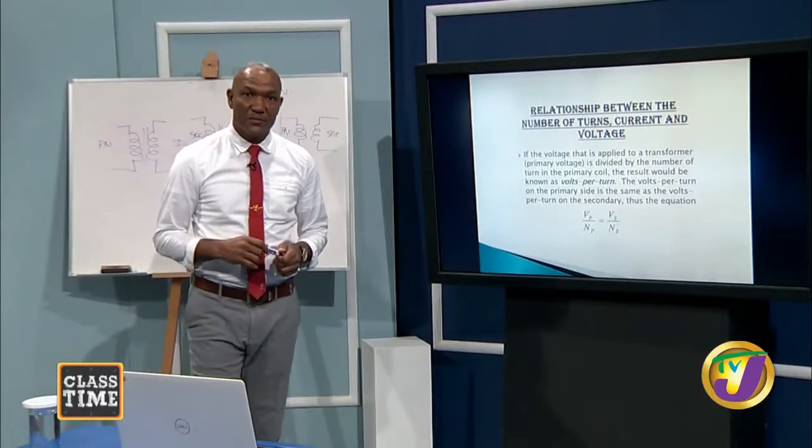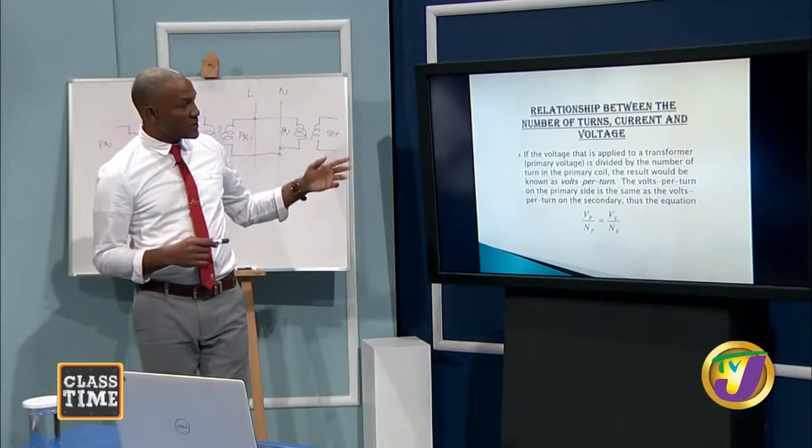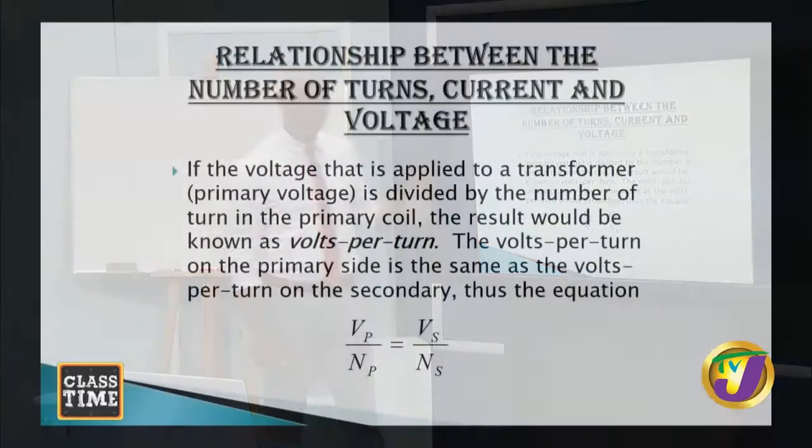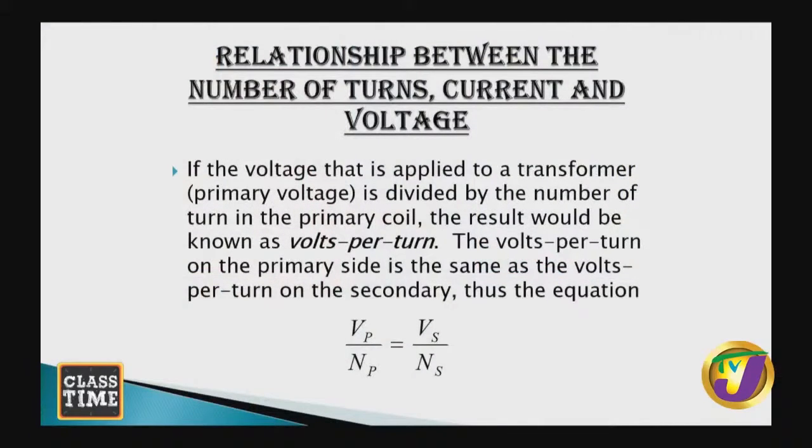Now, if we look closely, it says if the voltage that is applied to the primary of a transformer is divided by the number of turns in that coil, or windings, the result would be known as volts per turn. The volts per turn in the primary is the same as the volts per turn in the secondary. And thus we would have an equation looking like this.